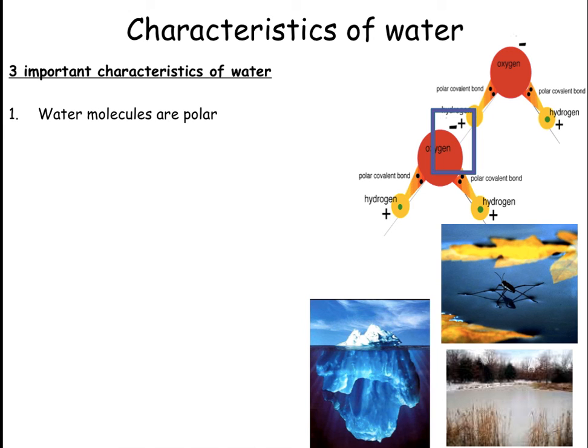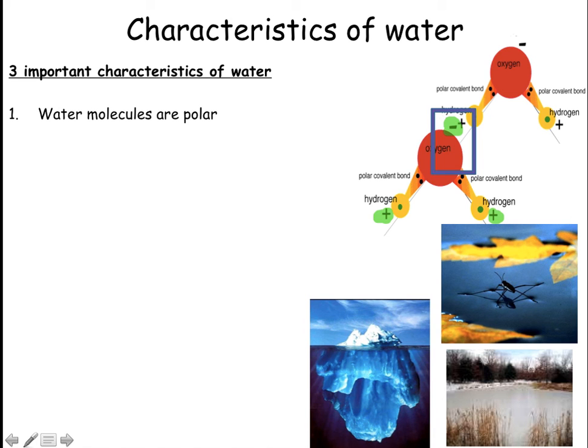opposite in their charge. If you look at the diagram, here's our water molecule from before, you can see that the oxygen end has a negative charge, and the hydrogen ends have positive charges. So the ends are oppositely charged.